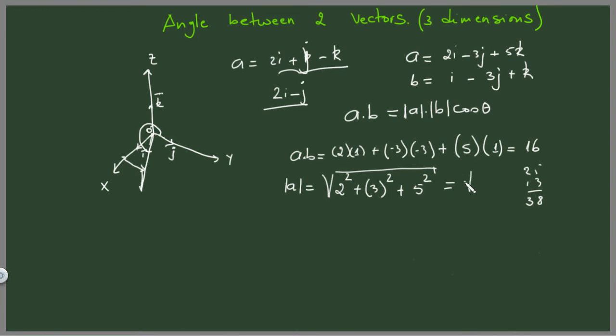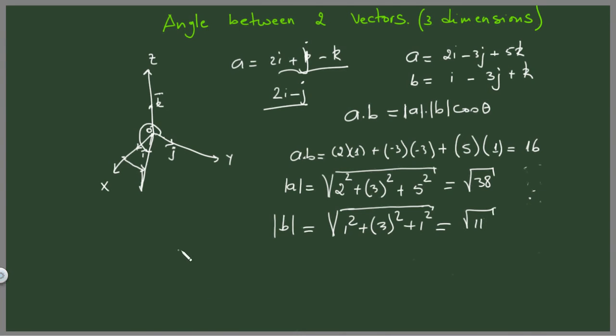So we have the square root of 38. And the magnitude of b will be equal to the square root of 1 to the power 2 plus minus 3 to the power 2 plus 1 to the power 2. So we have 1 plus 9 plus 1, which is the square root of 11.